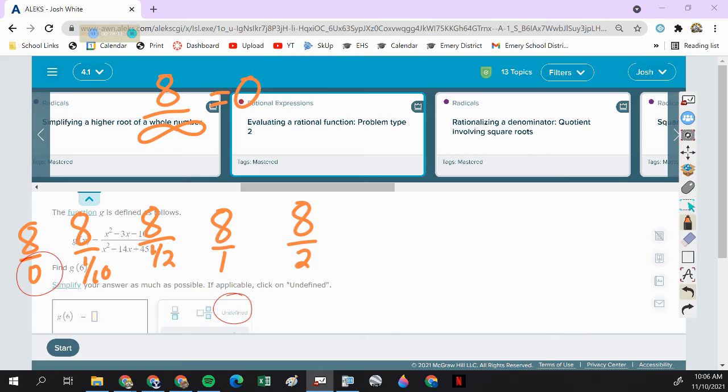So look at this. If 8 divided by 4 is 2, then 8 divided by 2 is 4, right? That's how division works. So if 8 divided by infinity is 0, then 8 divided by 0 must be infinity.